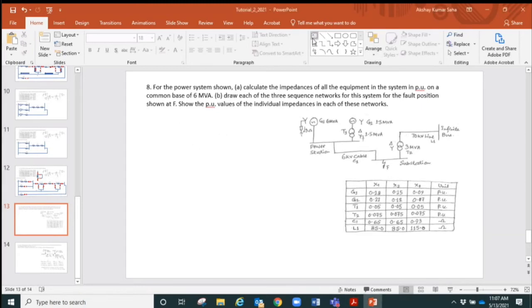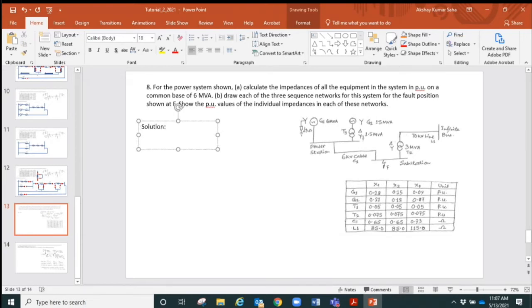So if we start with the solution, but the calculation is to be done by you. Make sure that you have your calculator. So the first one, what you will calculate: x1 of g1, x2 of g1, x0 of g1, all should be in per unit.